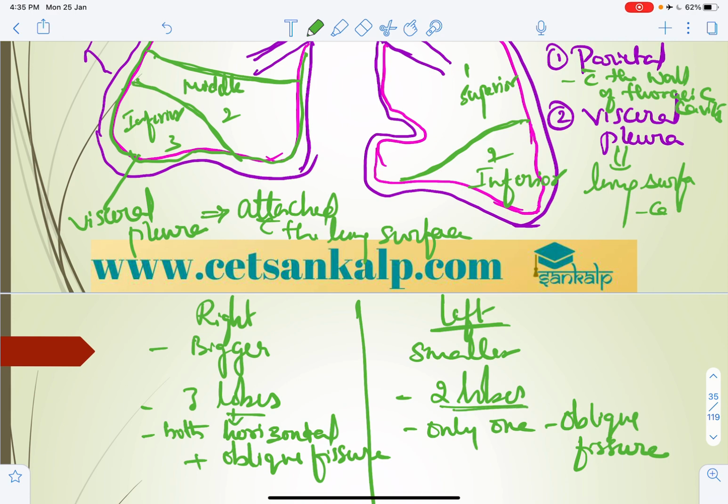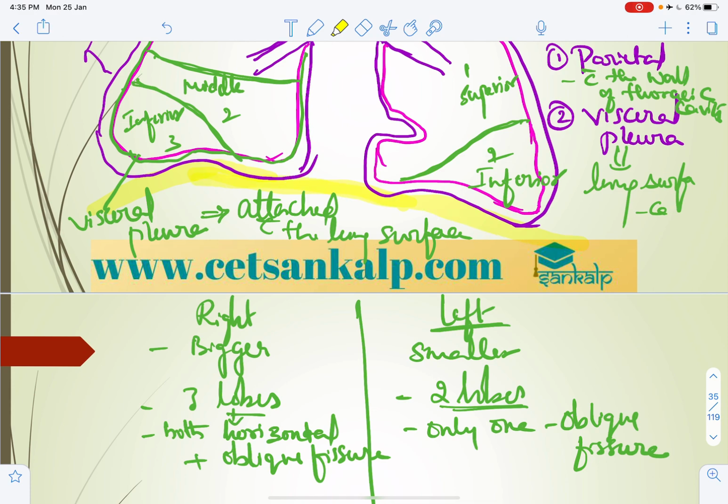So next, we know that the lungs are paired structures, spongy and cone shaped, located in the thoracic cavity, right above the diaphragm. Here is the diaphragm, and the lungs rest on the diaphragm.